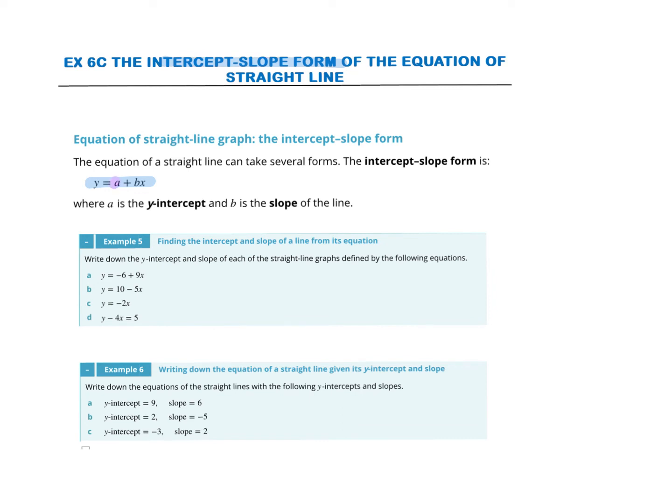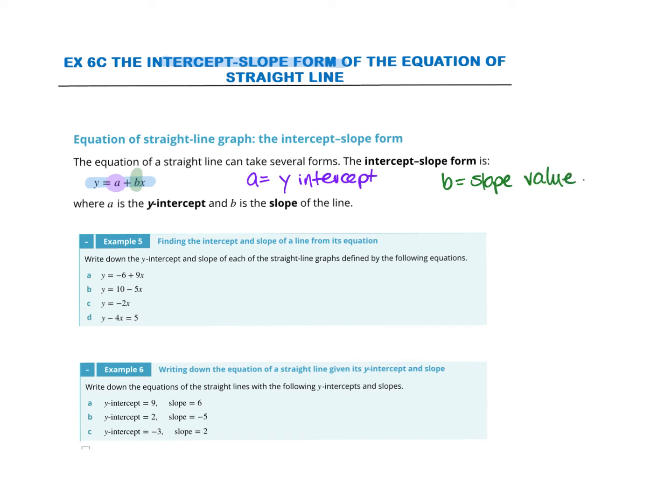The number by itself, a, equals the y-intercept. Whatever that number is, that's where it crosses the y-axis. We've already had a look at it, and we know that b is the slope value. So we just want you to be able to look at an equation and tell me.